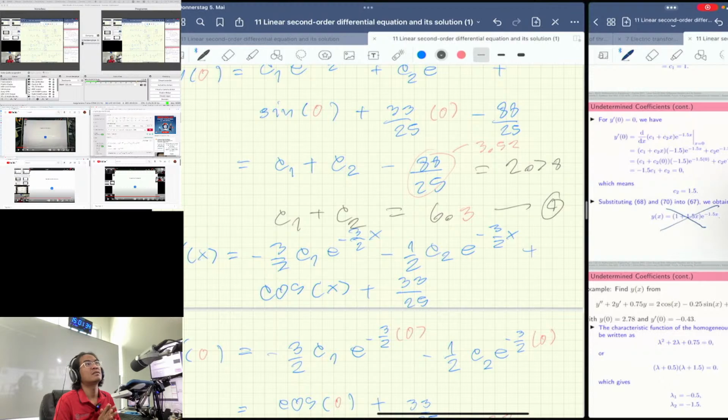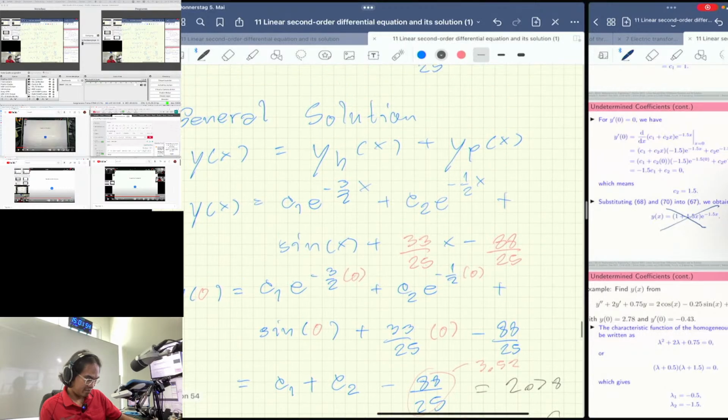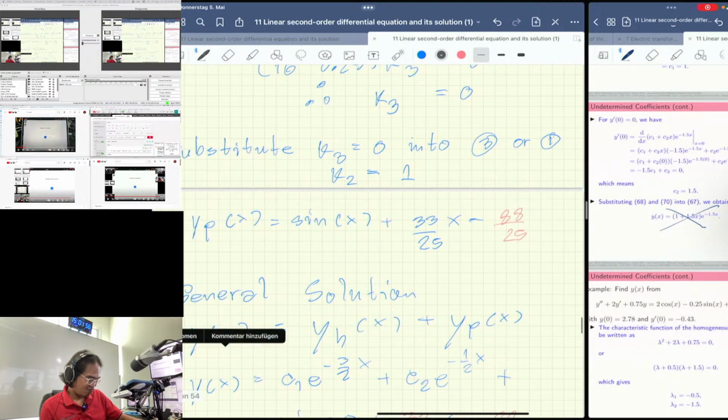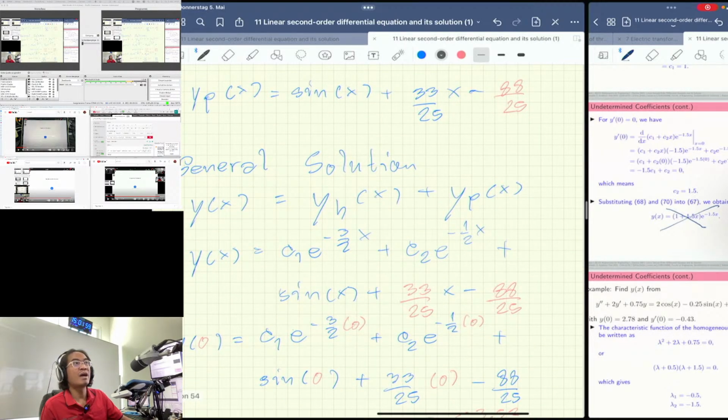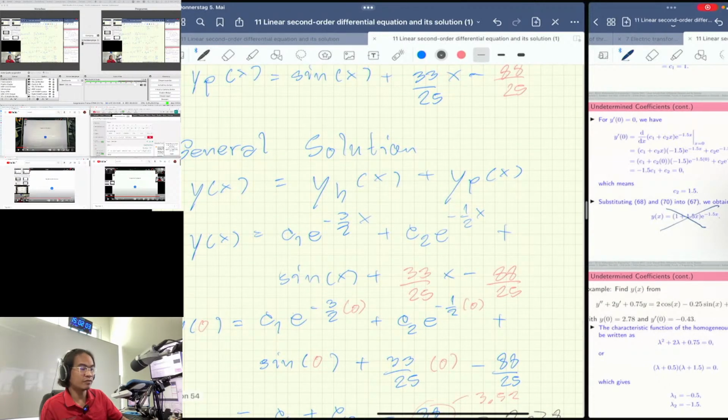What is that? Yeah, we get the answer as C1 exponential x by 2, C2 exponential 3 by 2 x, plus 33 by 25 x, negative 88 by 25. So this one is correct.